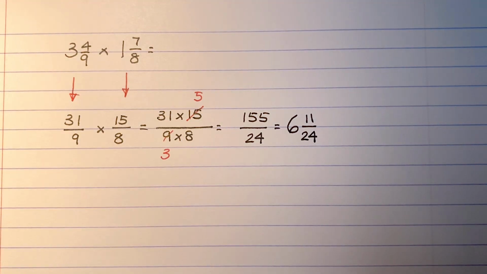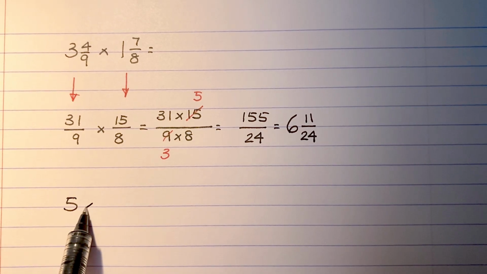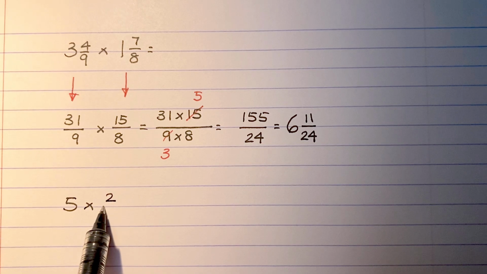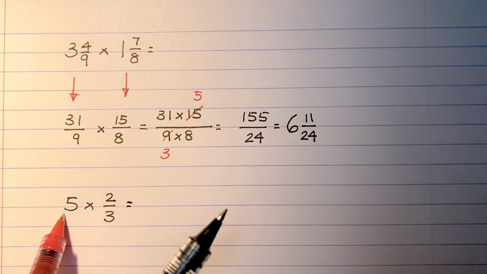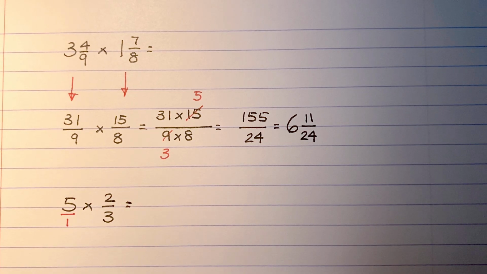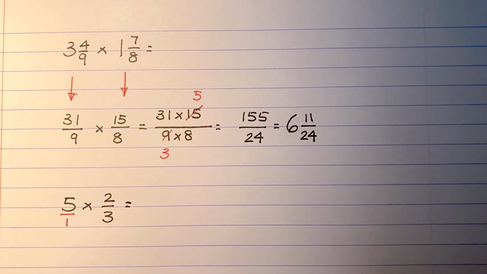Now, what if you're multiplying a number which is not a fraction by a fraction? Say this. Well, you can always make your number a fraction by giving it a denominator of 1. Then it becomes a multiplication of 2 fractions. Never the numerator, but a denominator of 1, because 5 divided by 1 is 5.